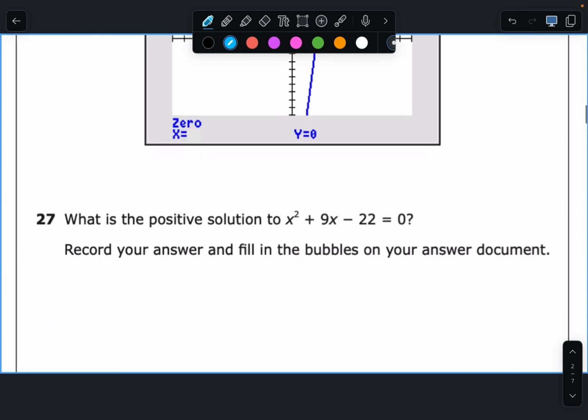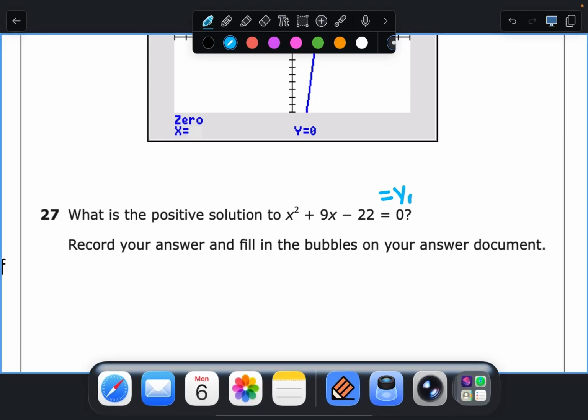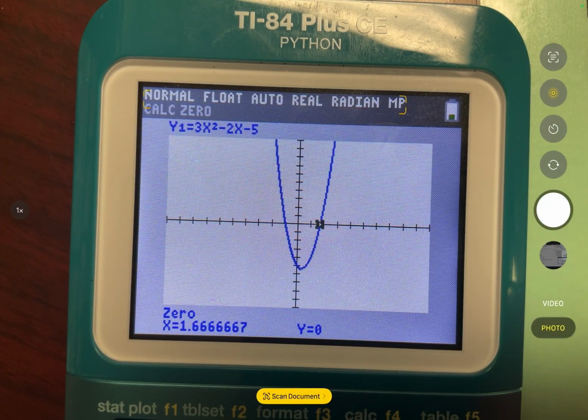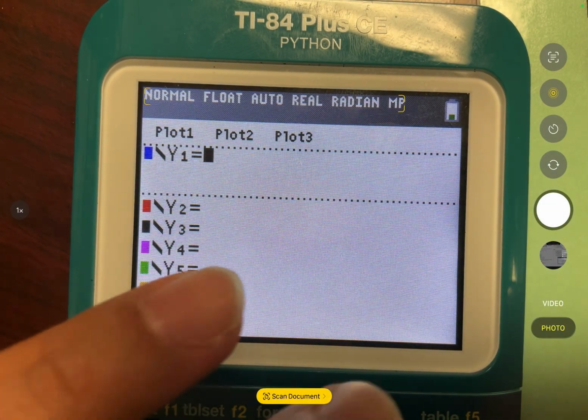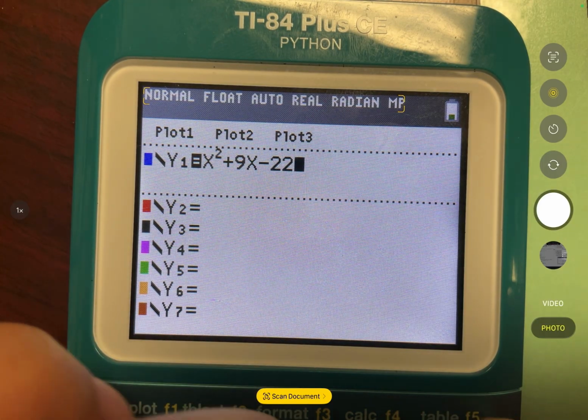It says, what is the positive solution? If you look at this, this is already solved. All of my numbers are already on one side of the equation. So we're going to put this into y equals. And then I hit graph.